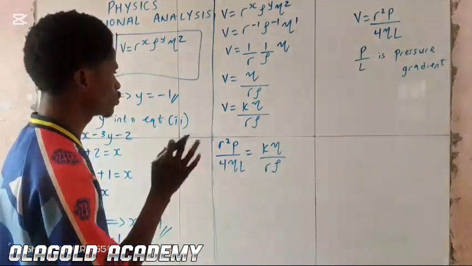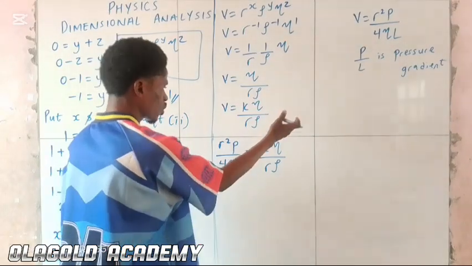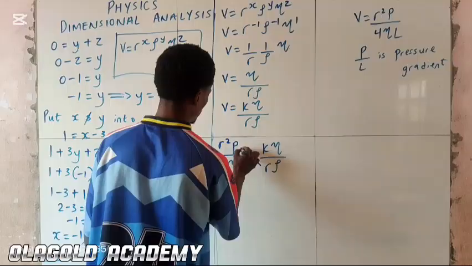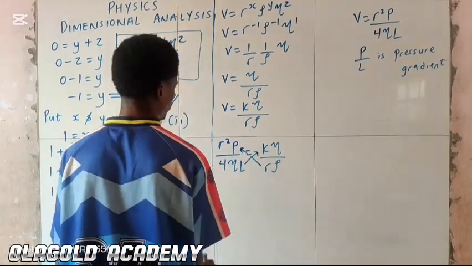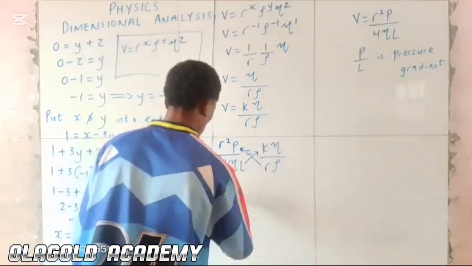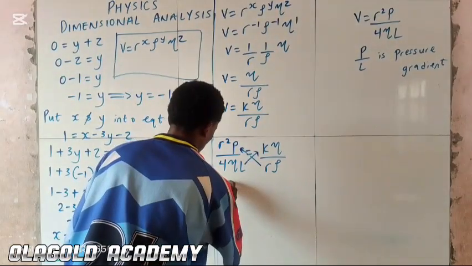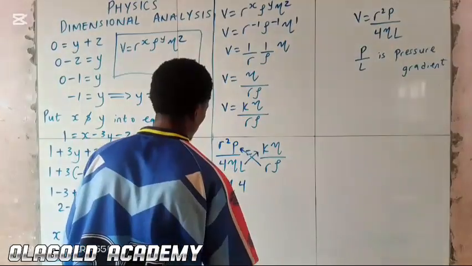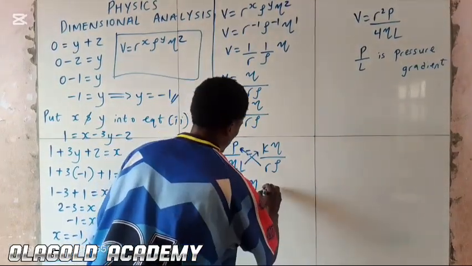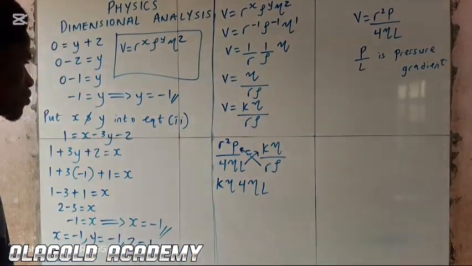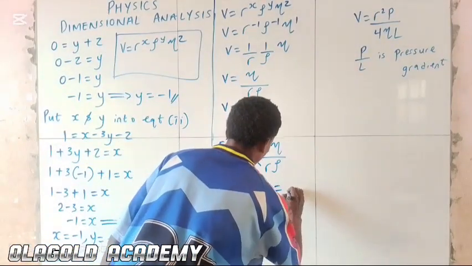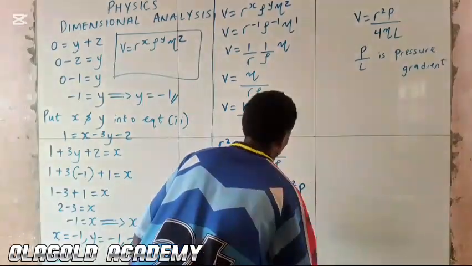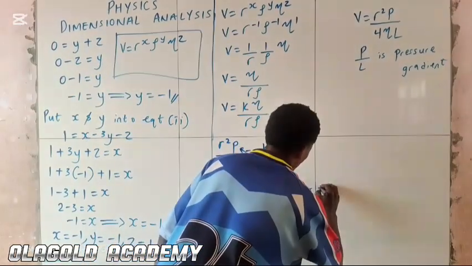So we cross multiply: bring this one here and this one here. So we have k multiplied by eta multiplied by 4 multiplied by eta multiplied by l, equal to r squared times p multiplied by r times rho.